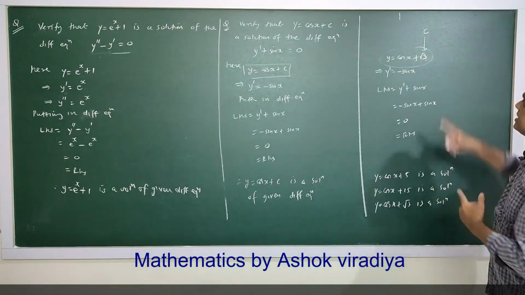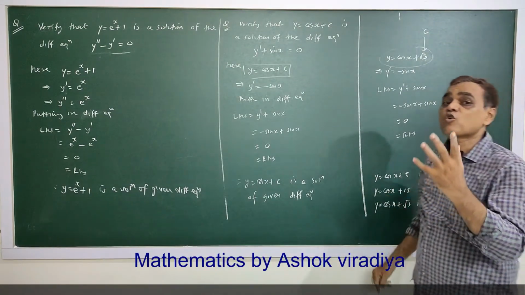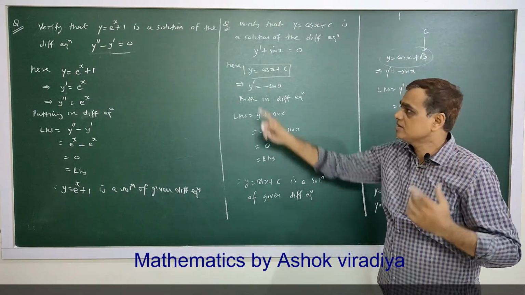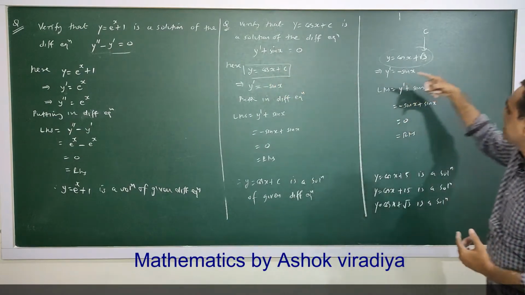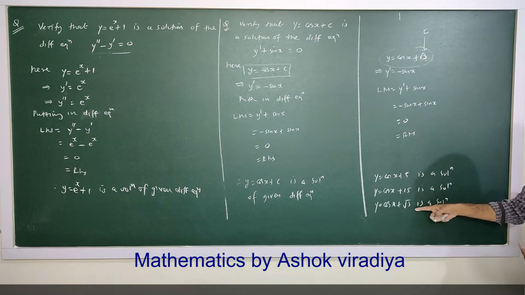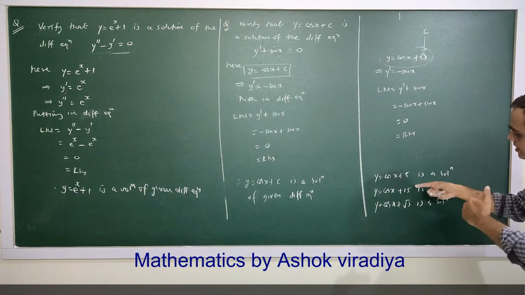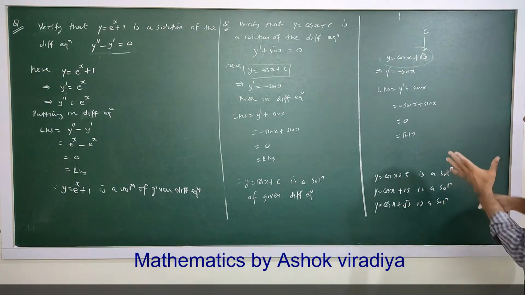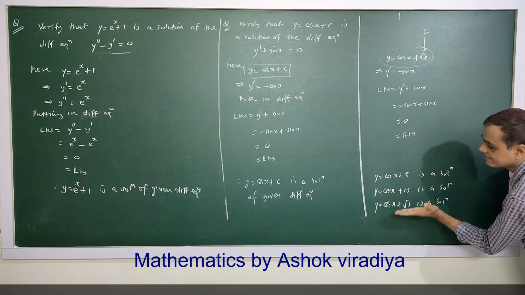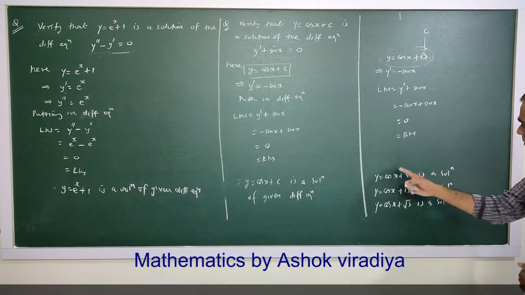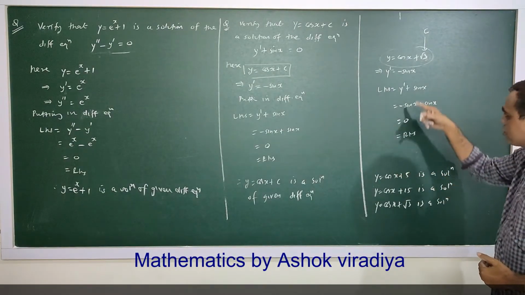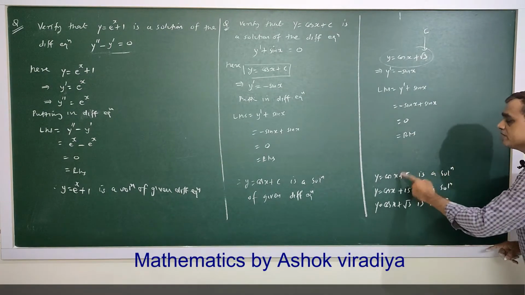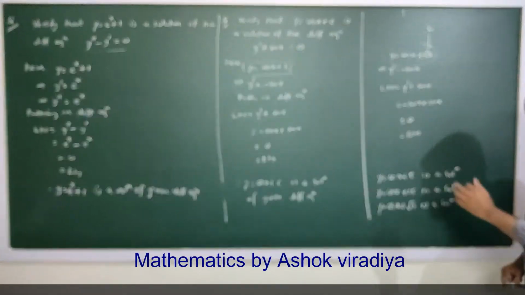So here c is said to be an arbitrary constant. With every chosen value of c, whatever member you get in that family, if that member satisfies the equation, then it is said to be a particular solution.